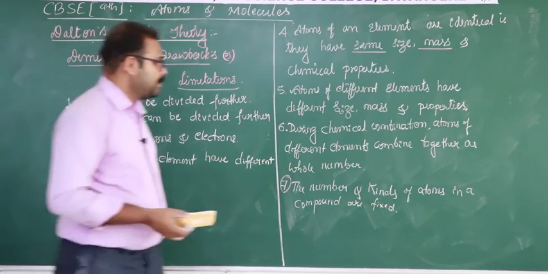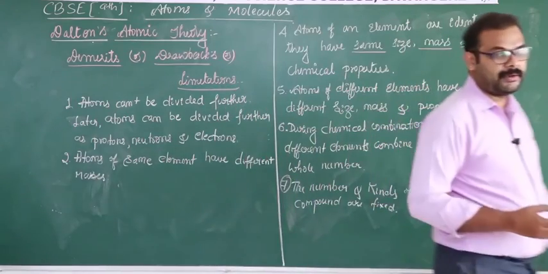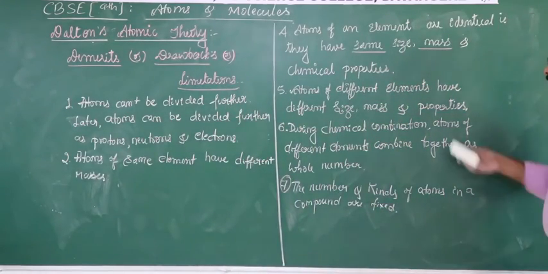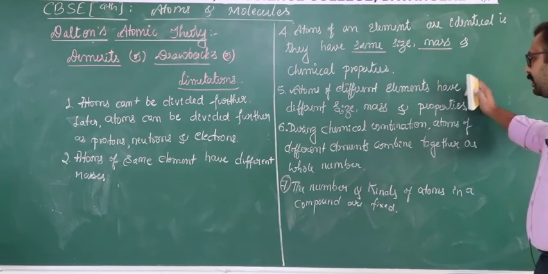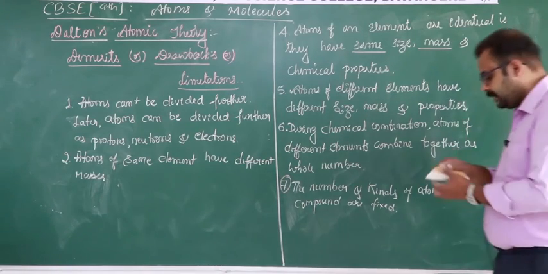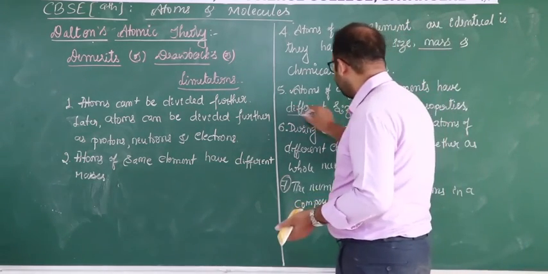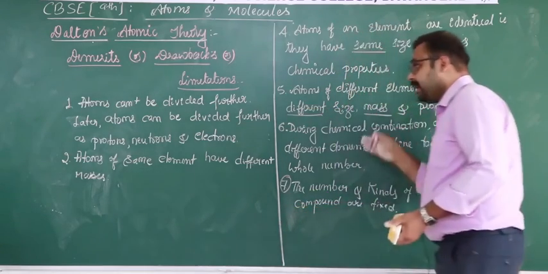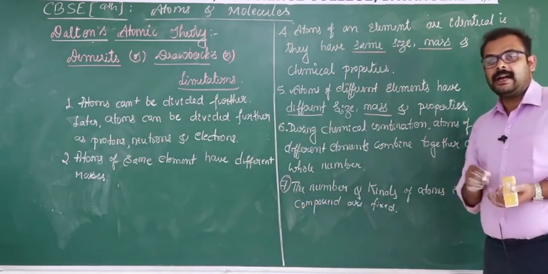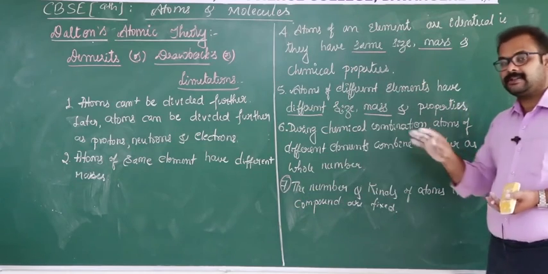Then the third one, the fifth postulate. You see that atoms of different elements have different size, mass and properties. But it came to be known that even atoms of different elements have the same mass.